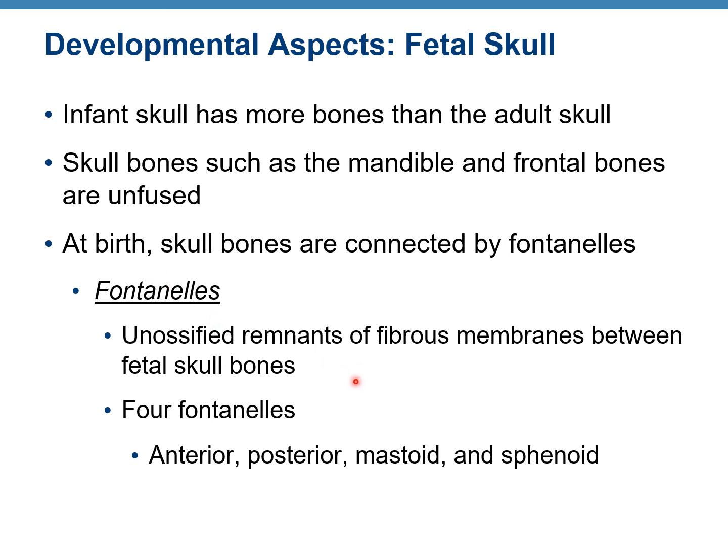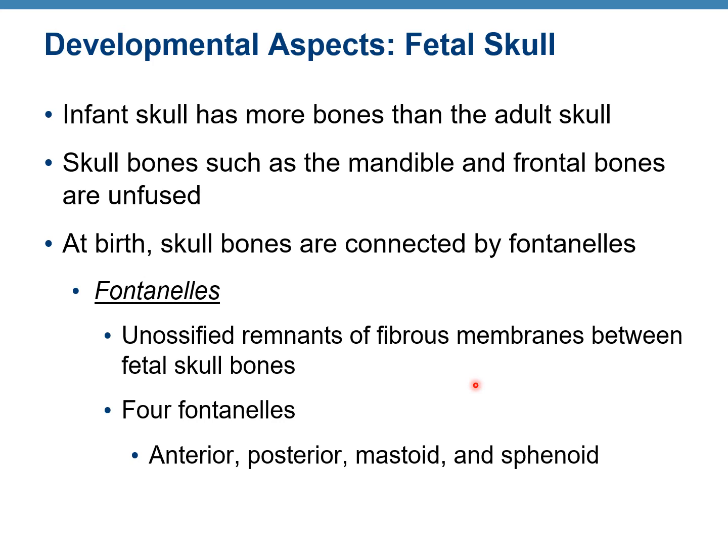And the function would be, well, first it allows the baby, the fetus, to pass through the birth canal without damaging the skull. Because we have this fibrous membrane between the bones, it allows the head of a baby to squeeze a little bit so it can fit through the birth canal easier.